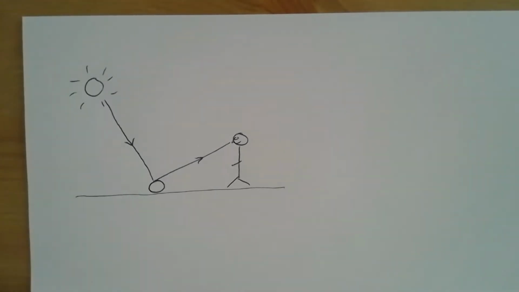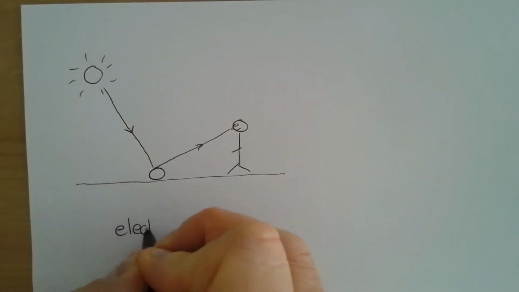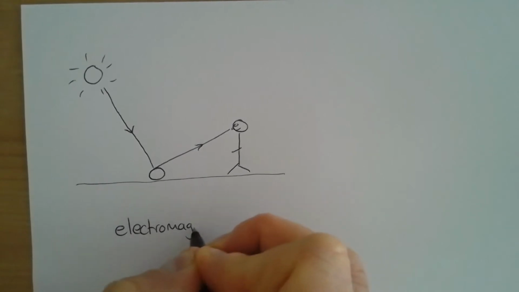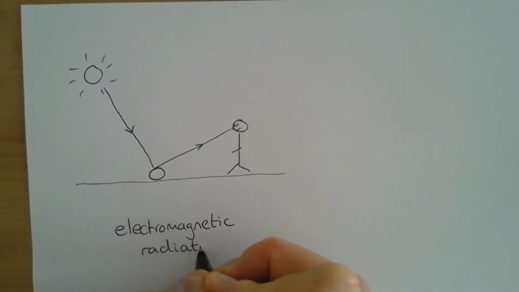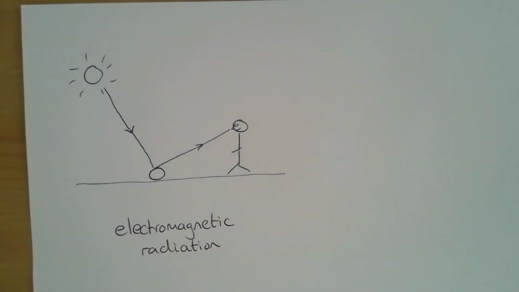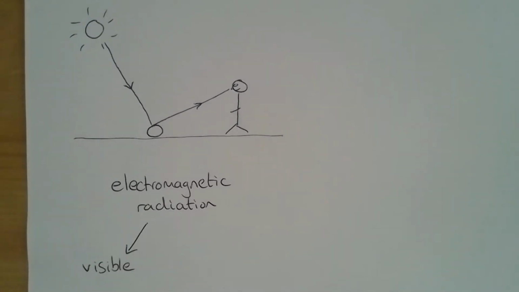So we need to think about what that thing coming out of the sun is. And it's actually electromagnetic radiation. And we can give it another name, and we can say that it is the visible electromagnetic radiation, and there's other types as well.